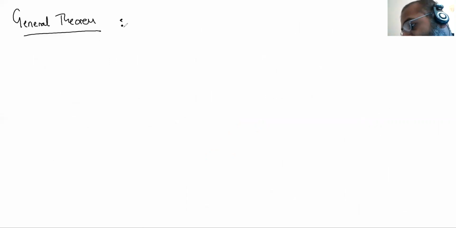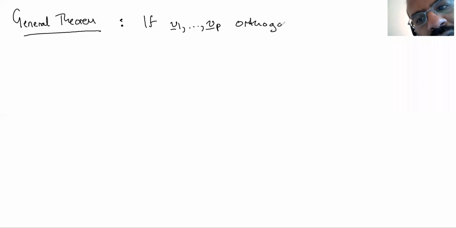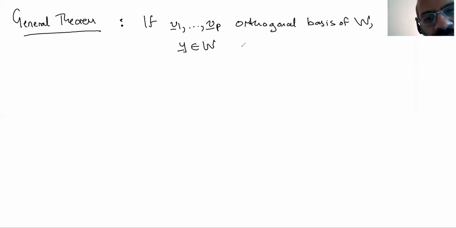And what it says is, if U1 through UP is an orthogonal basis of some subspace W, and you have some vector in that subspace, then the linear combination always looks like that.